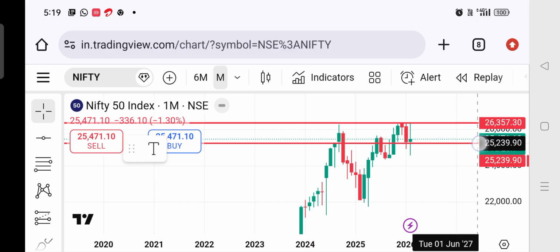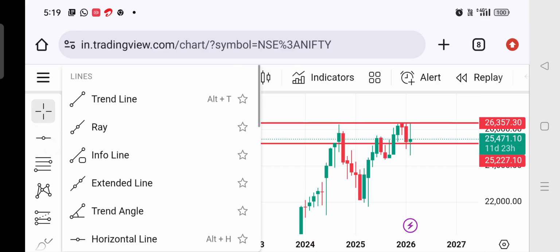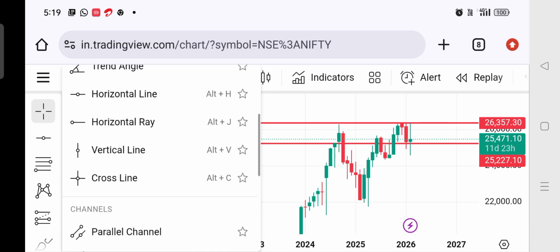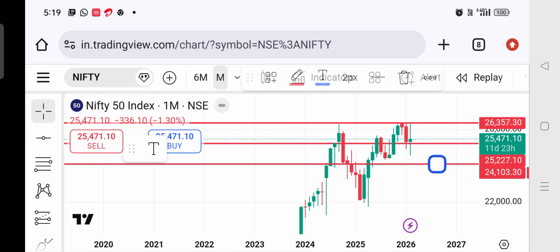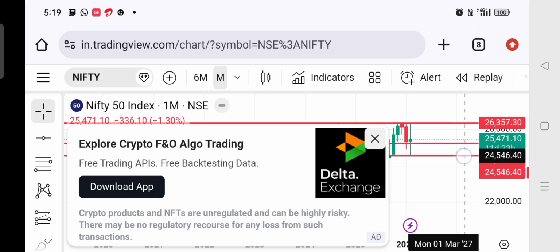this low. Okay, after you will get this low.